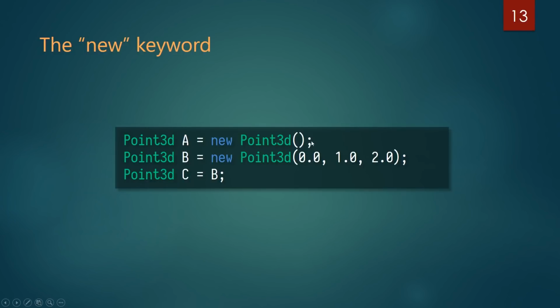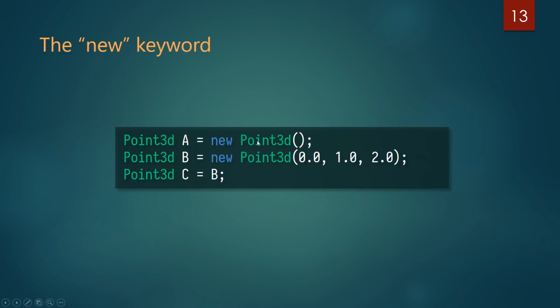Now on the right side, this is where we actually create a value for the point so that we can store it in this variable called A. Whenever we want to create a value from scratch, we have to use the keyword new. The exceptions are the basic data types. Integer, double, and string are basic data types, and you don't use the new keyword. When you want to create a double, just type in 0.something. But for non-basic data types that are defined by a custom library like Rhino common, you always have to use the new keyword.